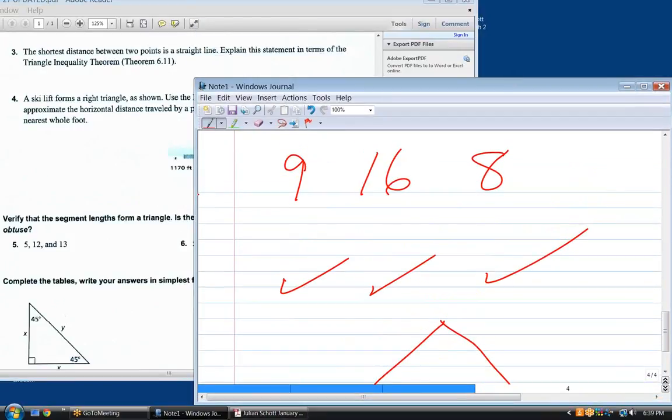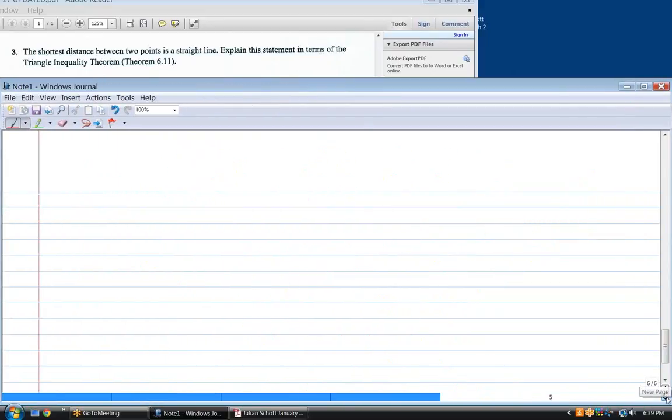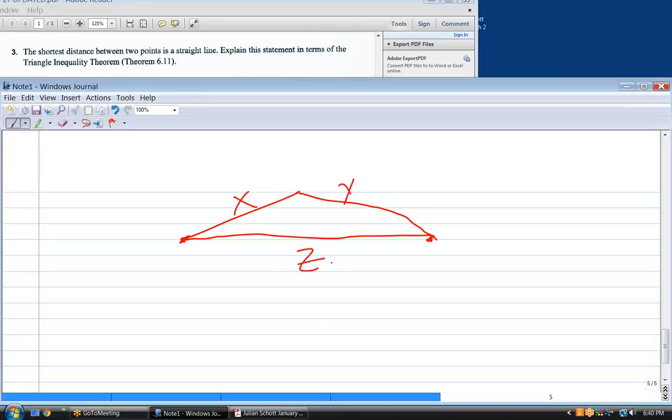We won't spend a whole lot of time on number 3. Basically, what number 3 says is there are 2 points. The shortest distance between those 2 points is a straight line. If I try to connect those 2 points with a crooked line, the sum of x and y has to be greater than z, merely because it's not the shortest distance between 2 points.